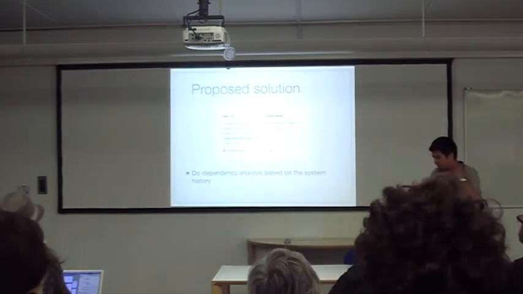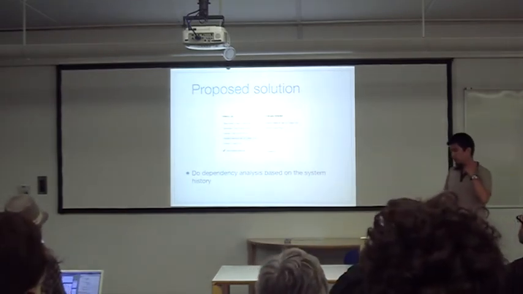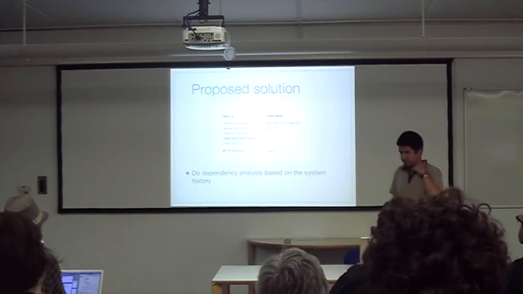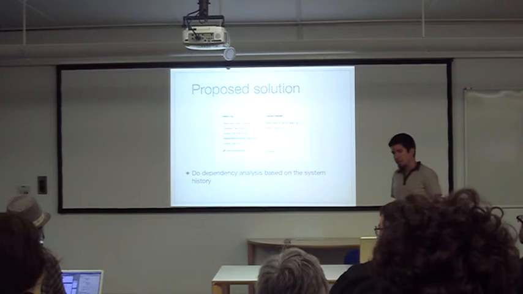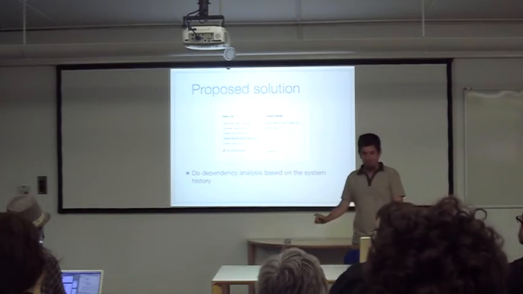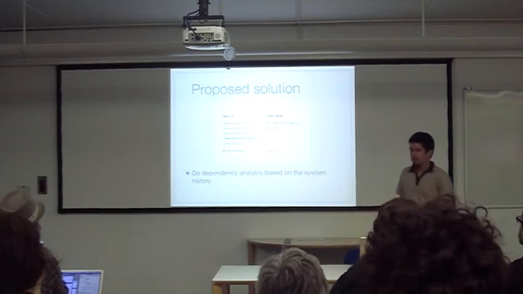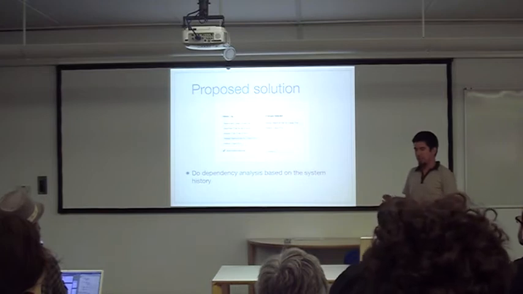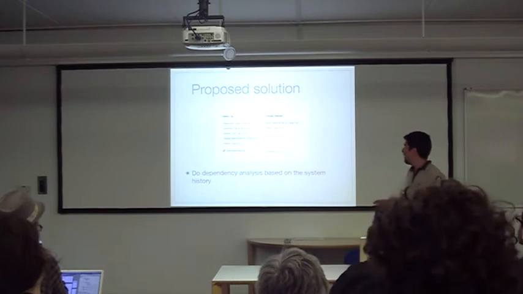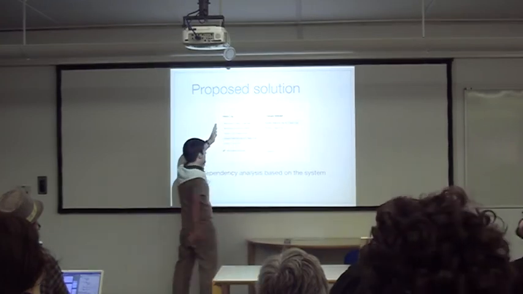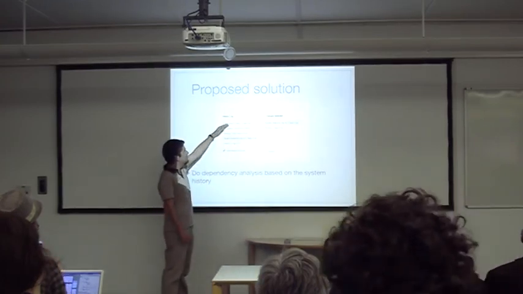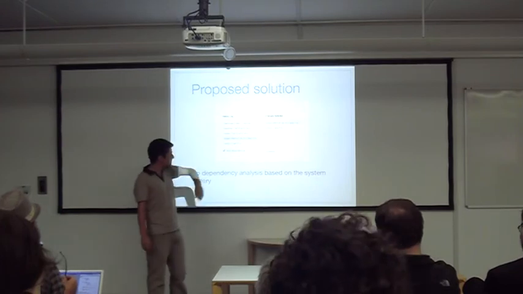The proposed solution is to do this dependency analysis based on system history using Epicea. Currently, in the working version of Epicea, what you have is this history log with all the changes that you made to your system.